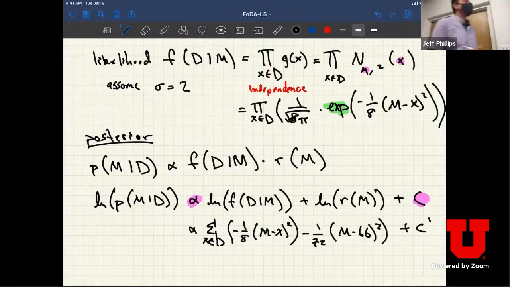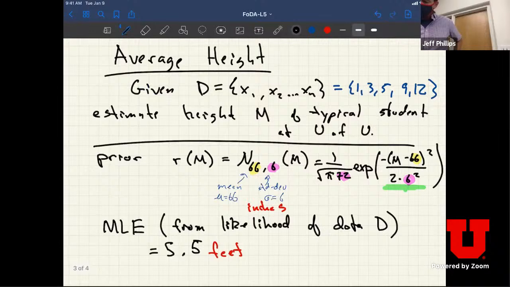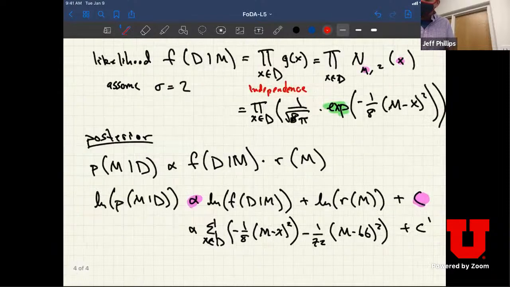There's only one of those. That wasn't a product over a bunch of terms, so I don't have to carry this sum in front there. And there was another coefficient in front, a constant coefficient times the exponent. When I do a log transform, that can be plus that term, and it doesn't depend on the model or the data, so it's a constant. That also goes into C prime. So again, I've got a new constant C prime that I've carried over on the right.